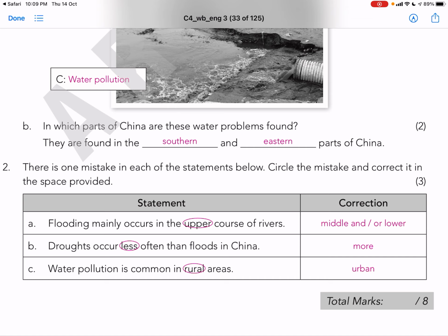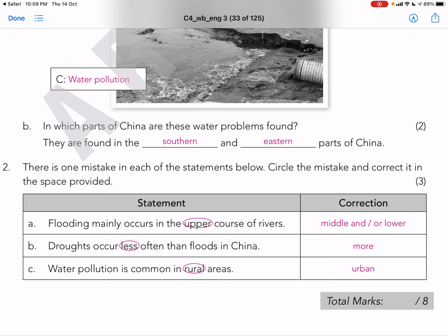I have told you in the lesson, maybe we go to the toilet, and the things that come out from us will pollute the water as well. So let's think about it. If it's a populated area, we definitely have a lot of pollutants, and the water will be polluted.